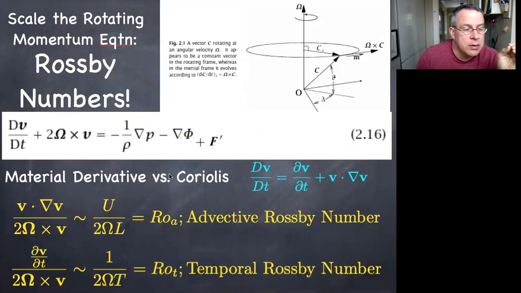And now we closed on the idea of Rossby numbers, which is basically asking how big the advection or the time rate of change term is compared to the Coriolis force.